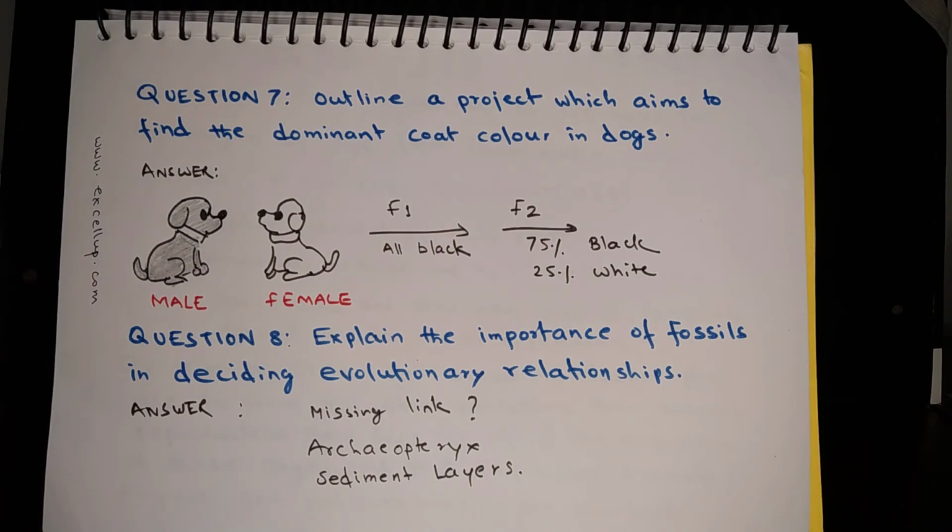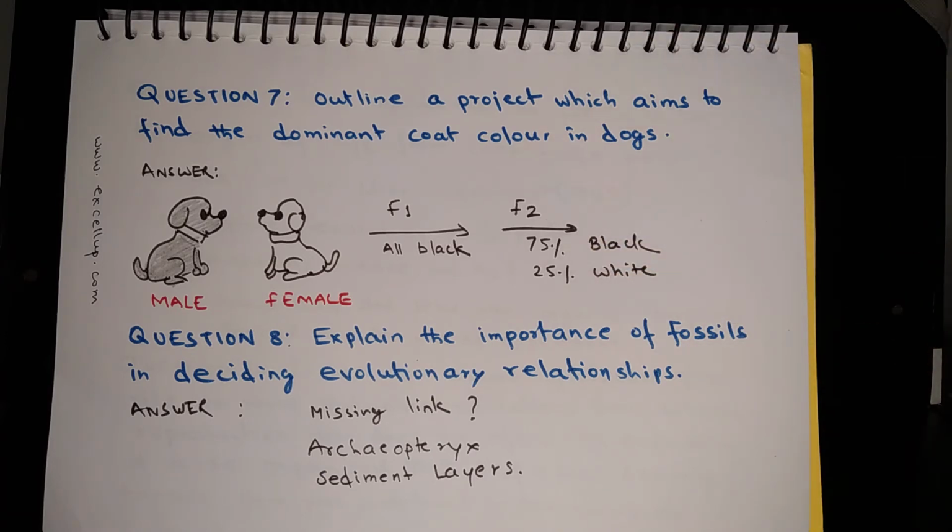We do not know whether the black color is dominant or recessive from the data of the F1 generation. Now let these dogs breed among themselves and see what happens in the F2 generation. Let us assume that 75% of the dogs in the F2 generation have a black coat, and 25% of dogs have white coats.